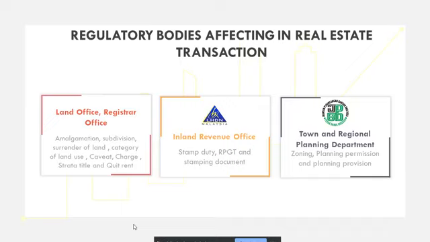For example, the land is categorized as agriculture land, which the title already states, but we do not know what the zoning is. If the zoning is residential, then the potential of the land is there. The information can be an advantage for the estate agent in conducting the marketing and transaction later.